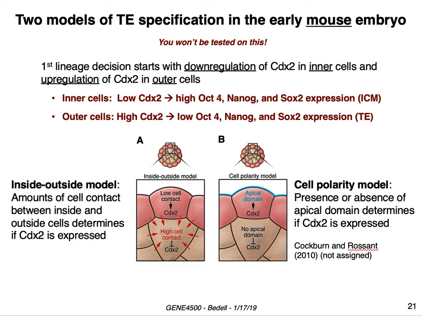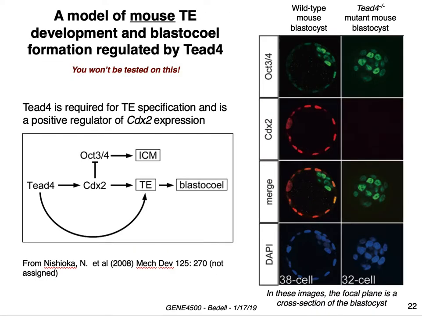You can actually make knockout T4 mice. Look at these. You don't even have any CDX2, which tells you T4 is a positive regulator of CDX2. In the absence of T4, you don't get any expression of CDX2, but you also don't get that first lineage decision. All of these cells stay OCT4 positive.